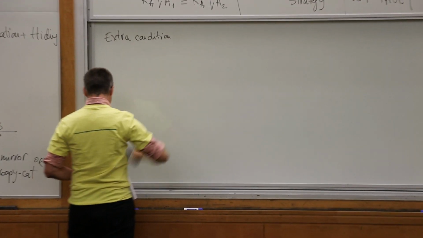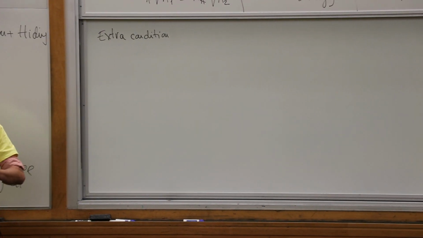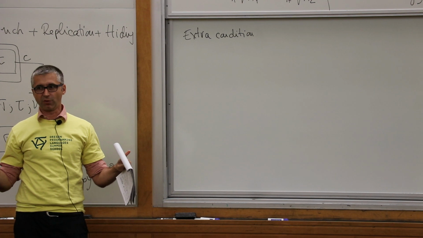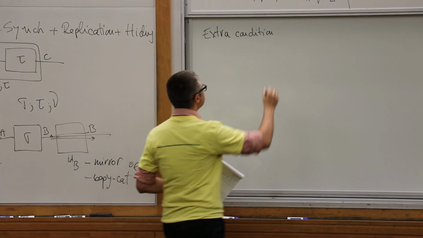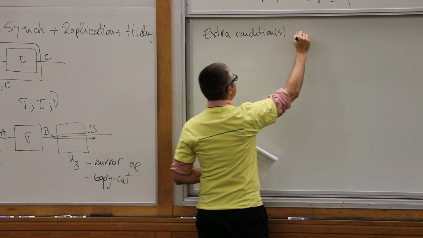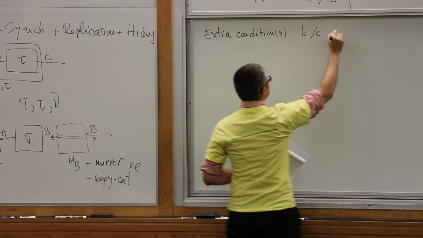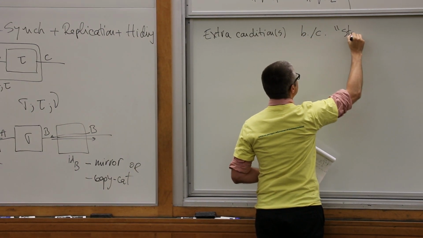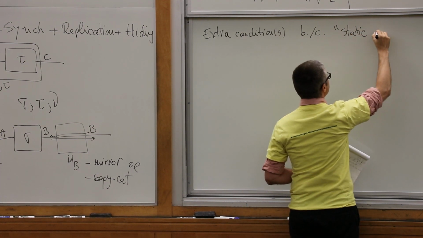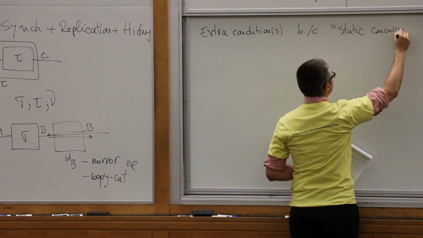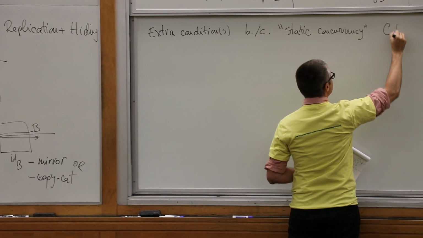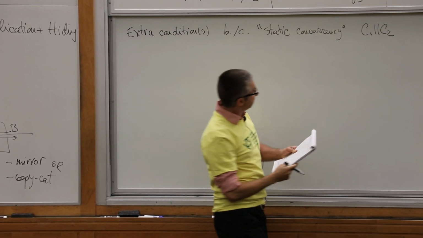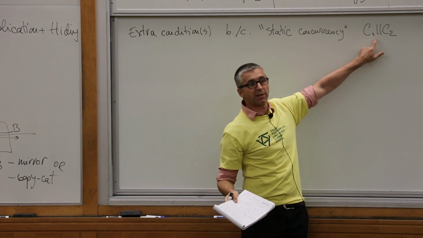Well, it's only one, but when I'm going to spell it out, I'm going to spell it out formally as two. But informally, it can be stated just as one condition. And these are because of static concurrency. So this is the concurrency that we allow in our language.